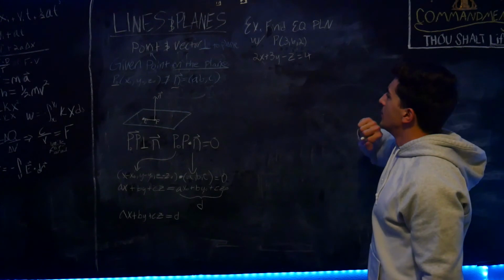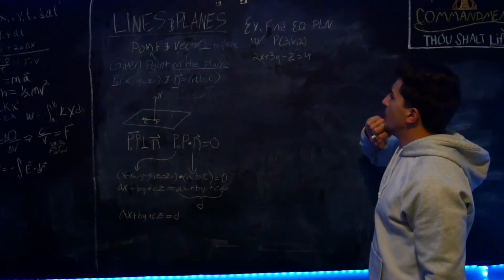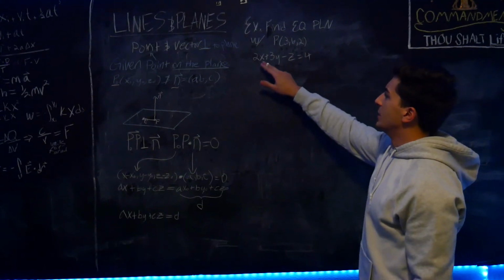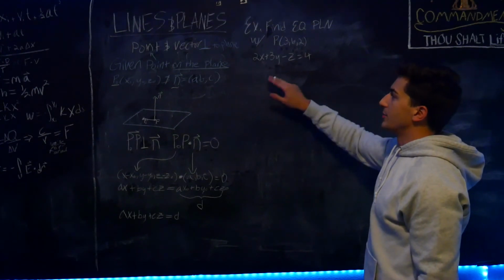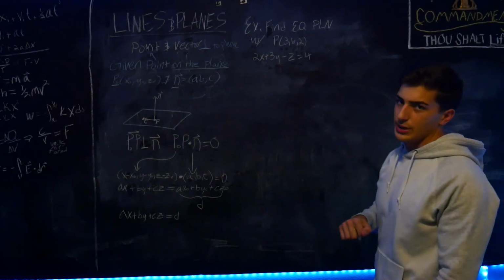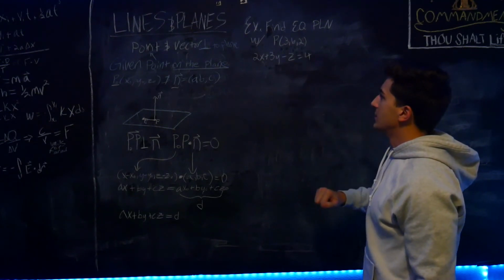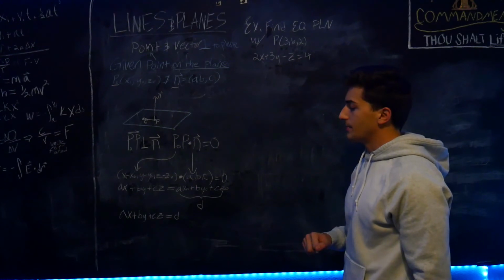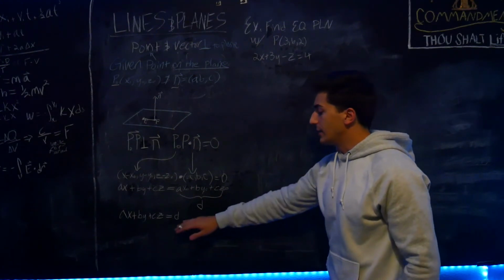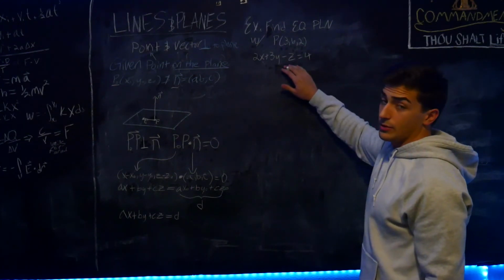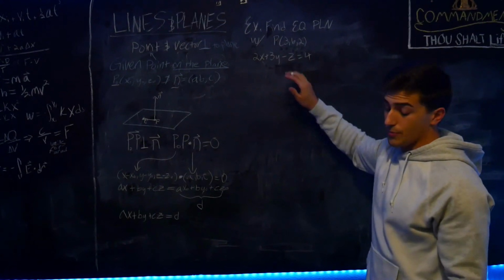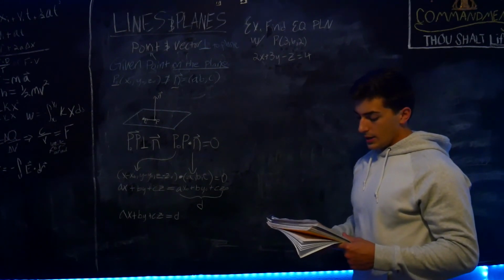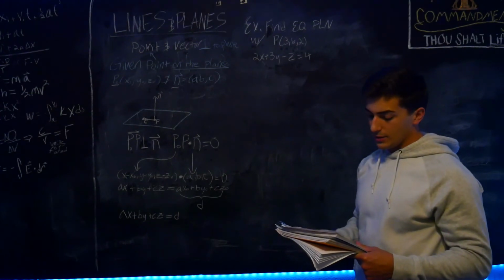What is that? Well, it's not a point or a vector, because it would have equal signs all over the place and commas in between those equal signs, right? So what does this look like? The general form that we just did. So you're going to have to recognize that this is general form.